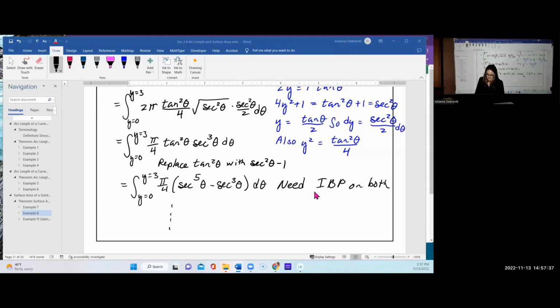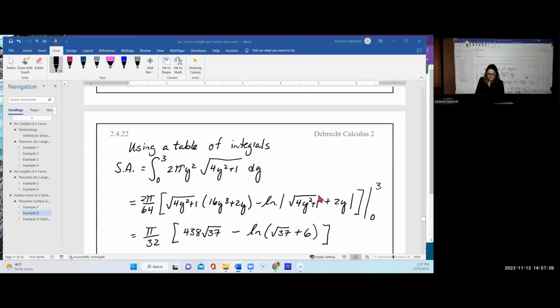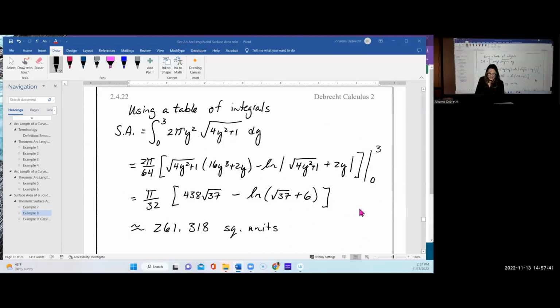Now, I chose not to do all of that work for this particular video. So instead, I used a table of integrals. And I was able to show this becomes this integral right here, with the 2 pi being divided by 64. And we need to evaluate between 1 and 3, which gives you this expression you see here. Again, when you plug in the 0, this becomes square root of 1, but these become 0.